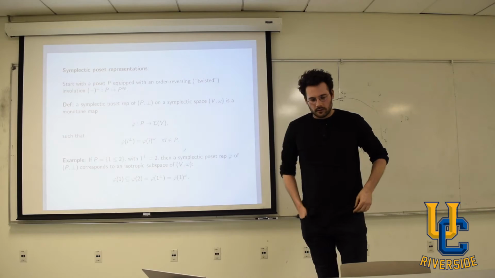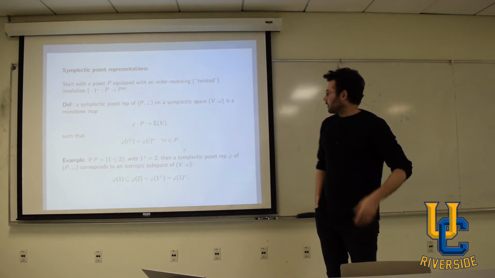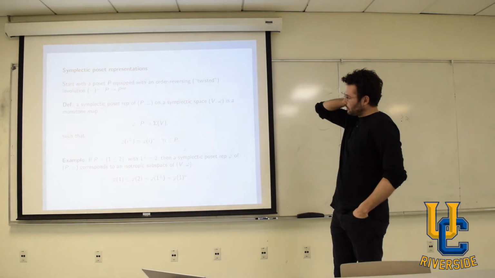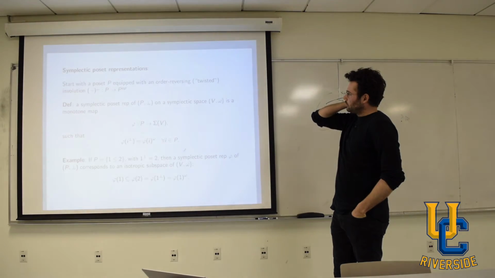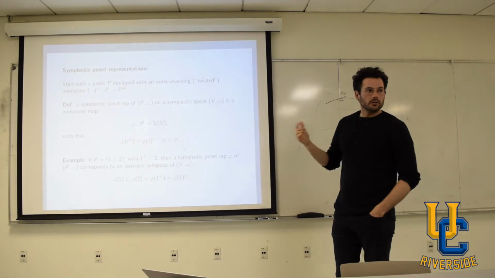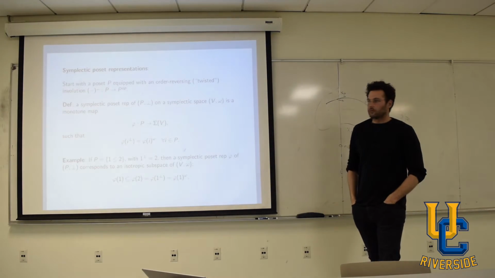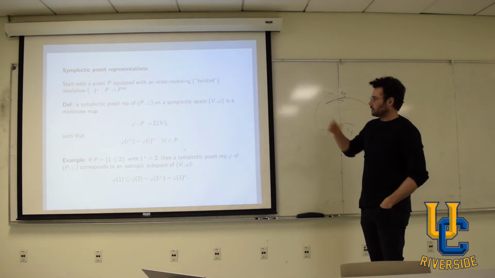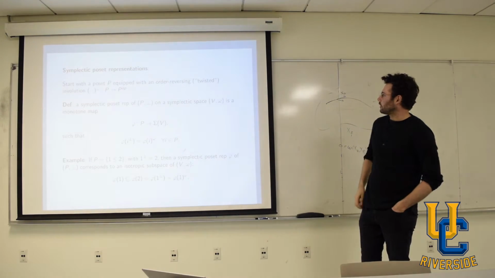And this involution is something on the poset of subspaces of V. So we equip our poset also with an involution, which we use to encode this operation of taking the orthogonal.